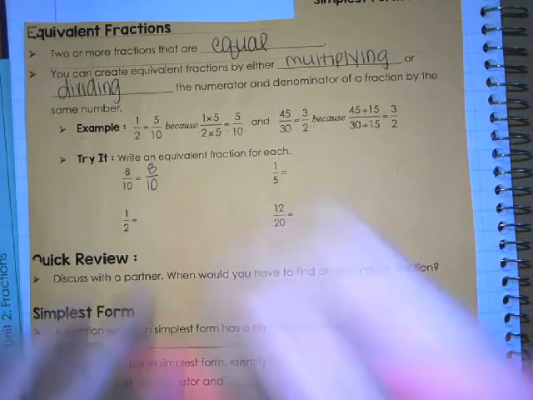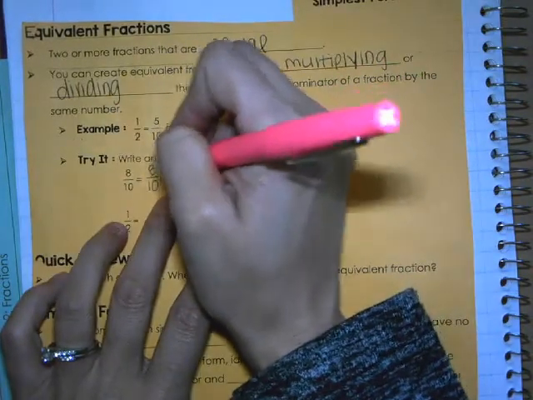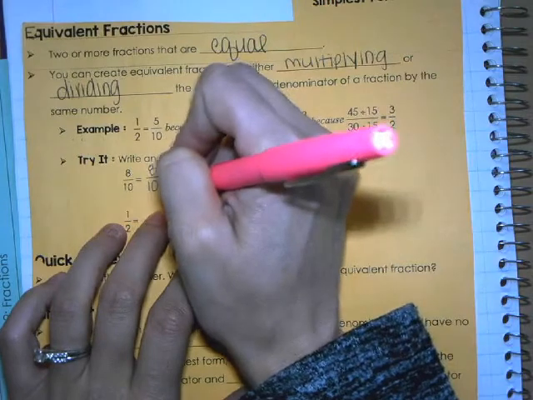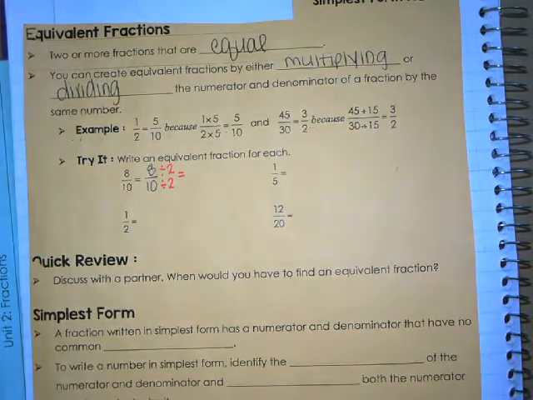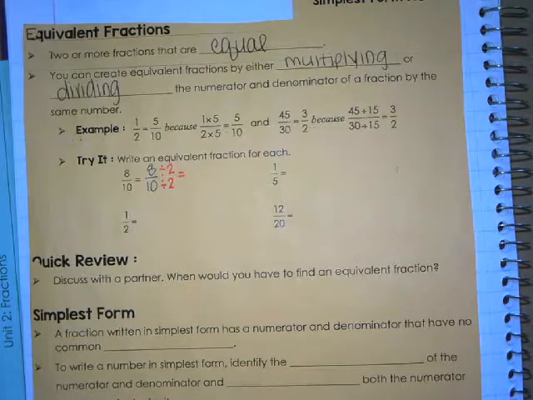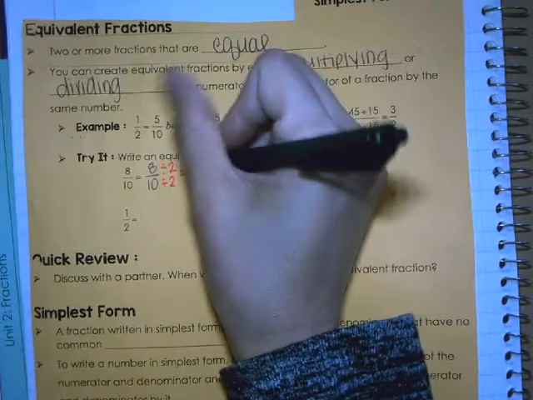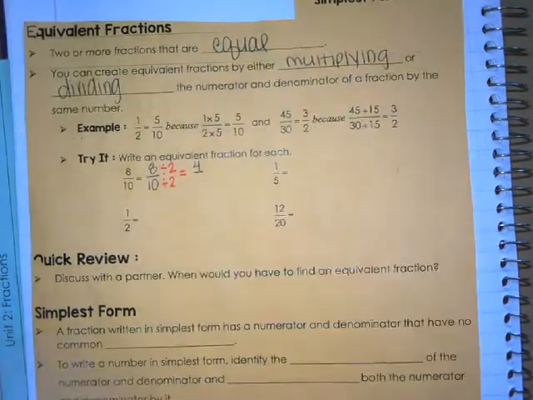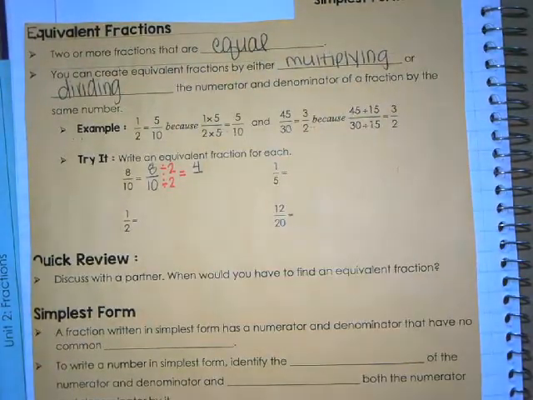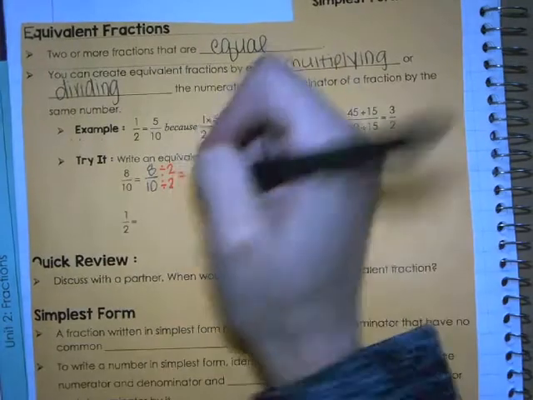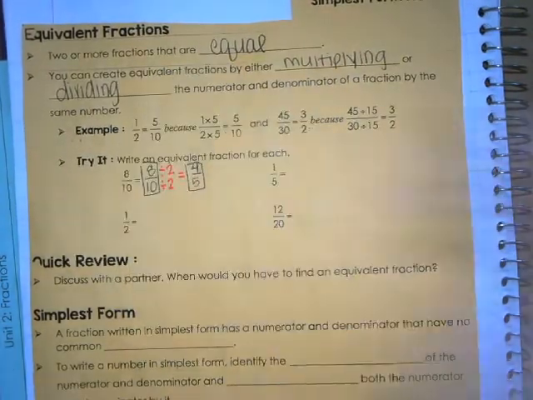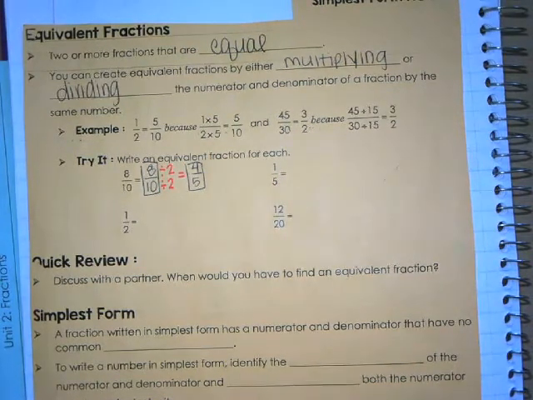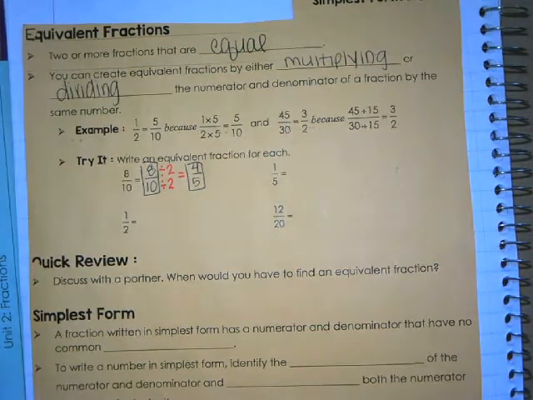So I'm going to divide 8 by 2, and I'm going to divide 10 by 2. 8 divided by 2 is 4. 10 divided by 2 is 5. So 4/5 and 8/10 are equivalent fractions. They mean the same thing.